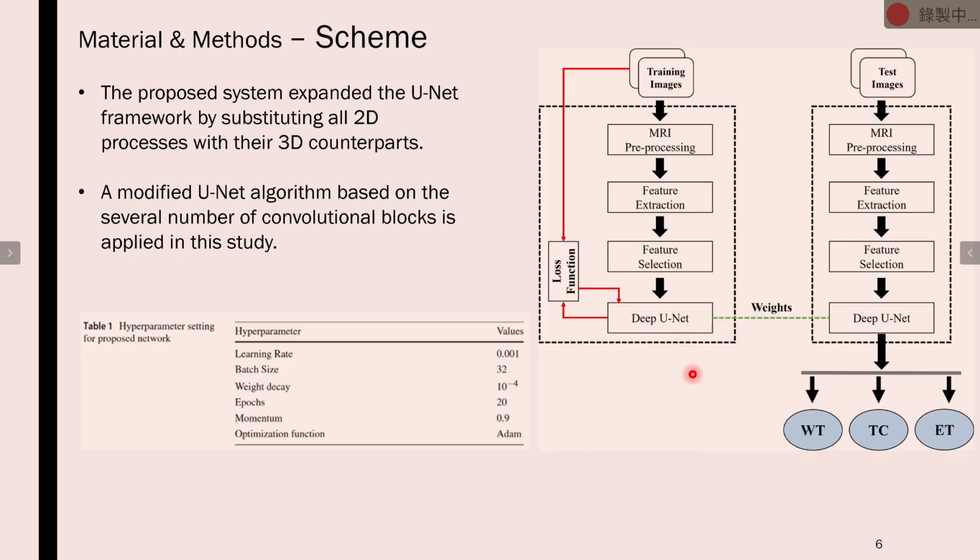The study replaced the standard 2D UNet architecture with a fully 3D version. It means they use a three-dimensional kernel. The modified network contains multiple convolutional blocks designed to process 3D volumes more effectively and capture important volumetric features in the tumor localization.